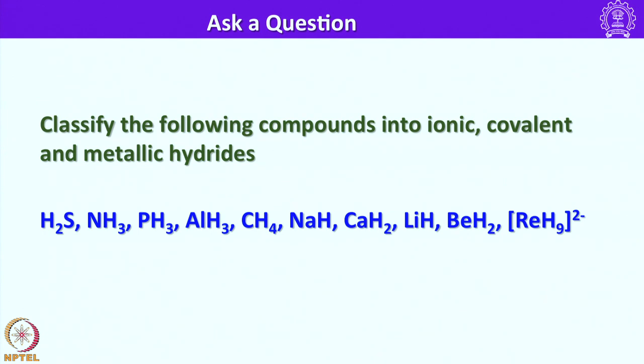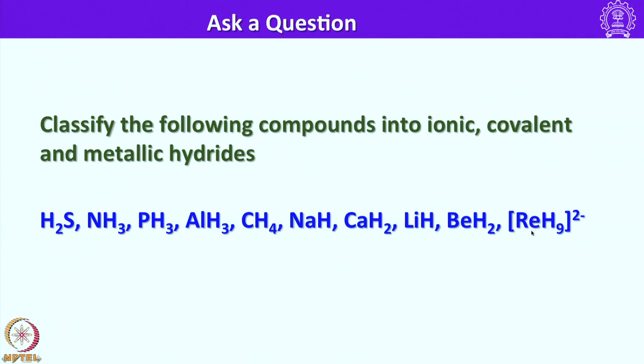So, based on this information we can classify hydrogen sulfide, ammonia, PH3, aluminum hydride, all of them up to here as covalent hydrides, which can be polar or non-polar, whereas sodium hydride, calcium hydride, lithium hydride and beryllium hydride. Beryllium hydride has some covalent character, but nevertheless they are all ionic hydrides, and ReH9 2 minus is a metallic hydride.